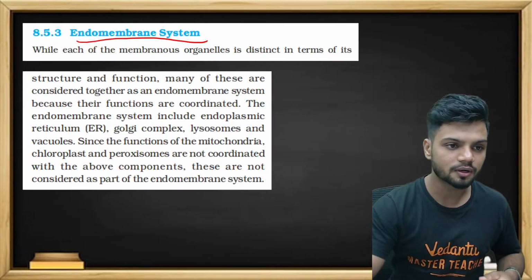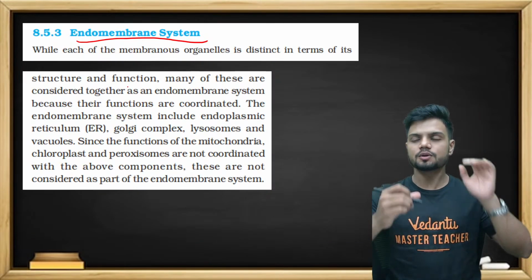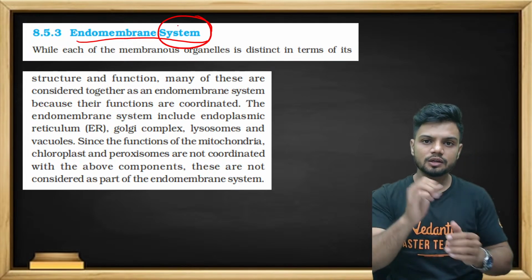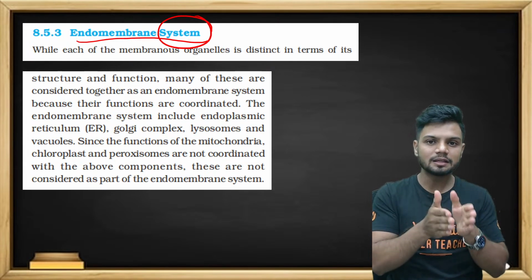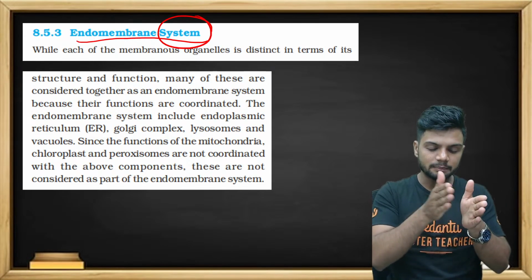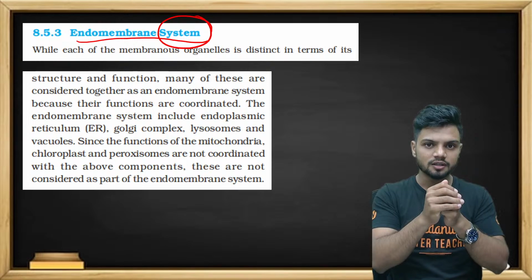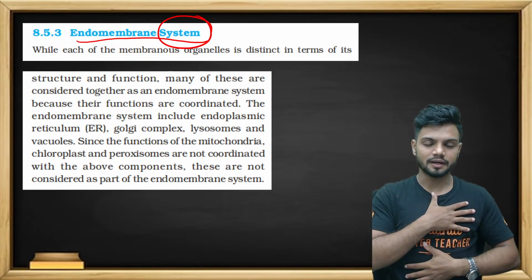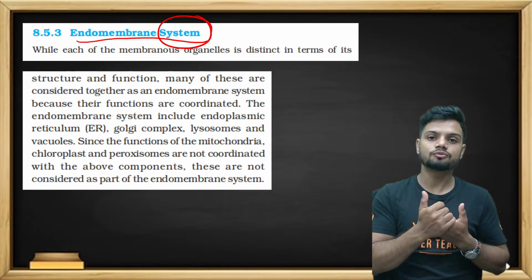Now we'll come to something called as endomembrane system. So students, understand the meaning of system first of all. The meaning of system is that multiple components are working together for a common purpose. For example, computer system, digestive system. They're working together to make food digest.